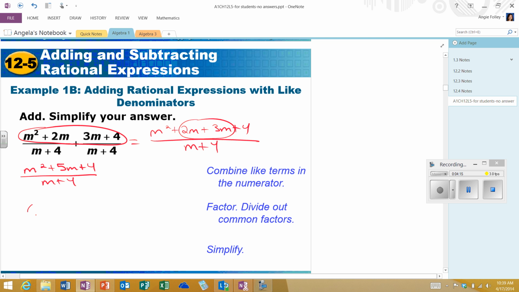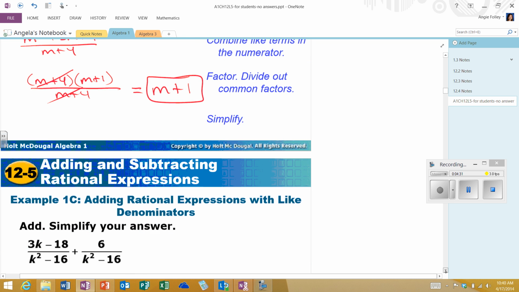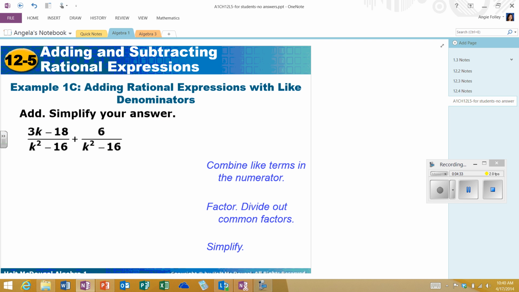I'm going to factor the top: m plus 4 and m plus 1 all over m plus 4. Now I can cancel the m plus 4's, and I get just an m plus 1 left over. So again, the factoring is not going away. You need to know how to factor.